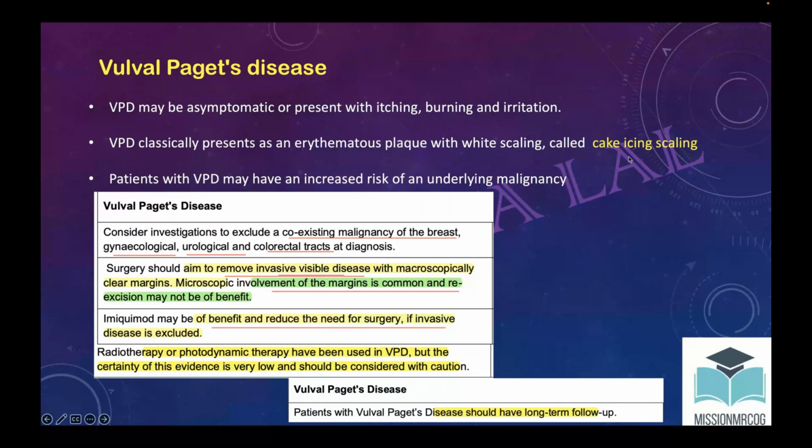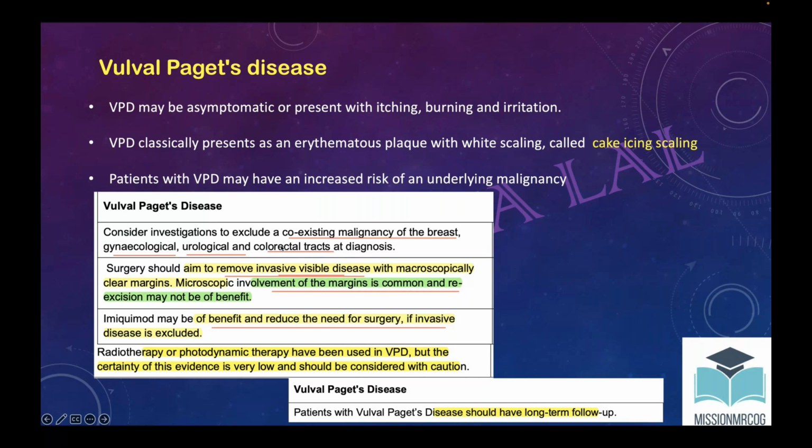This is the key word here, because many of the time you will find a question where they describe the lesion as cake icing scaling. So now you have the clue for it. And with Paget's disease, we already know underlying malignancy may be there, of gynecological malignancy, urological malignancy, or colorectal tract malignancy. It can be there.